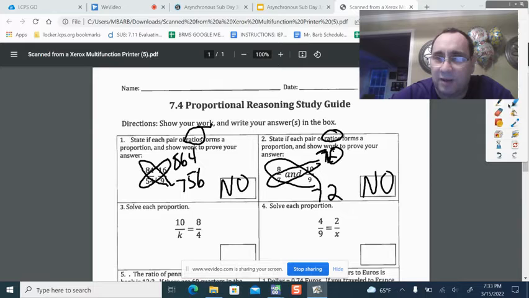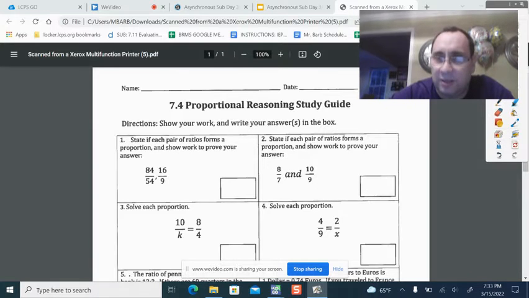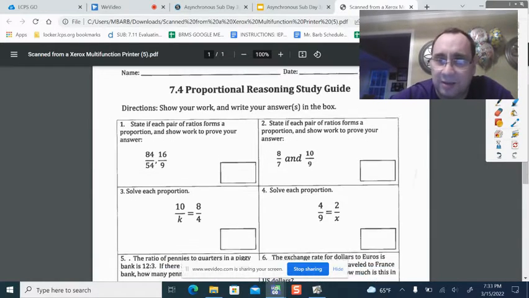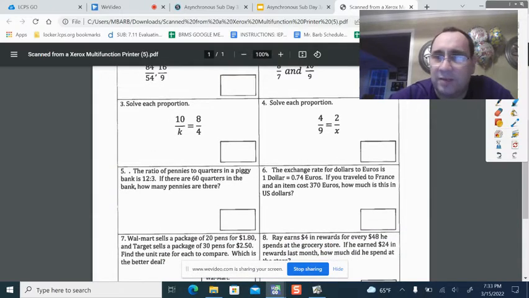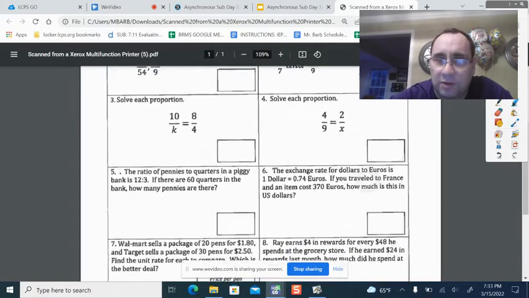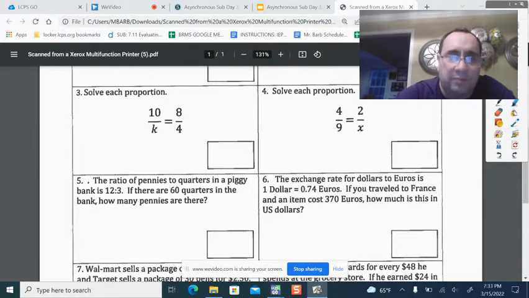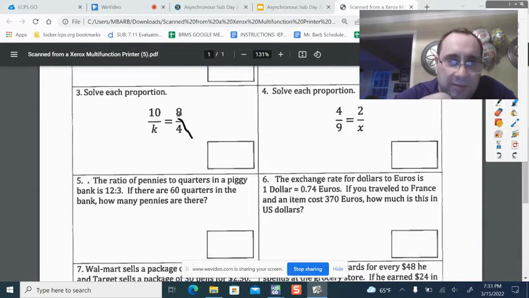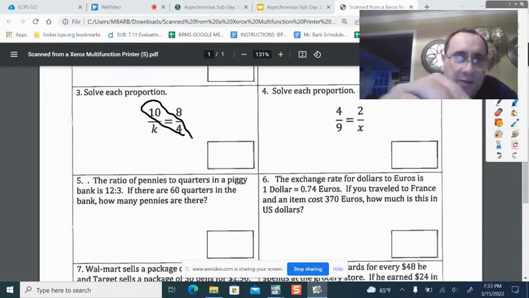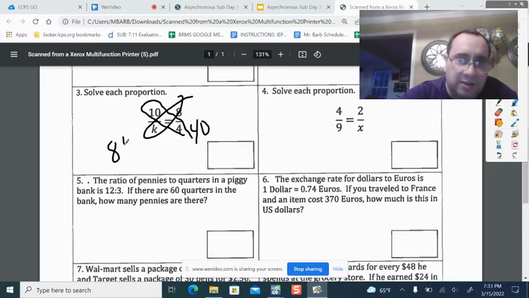Okay. Now we're going to go. I'm going to erase this. You can pause it. I'm going to move the sheet up so you can see it. All right. This one, I'll enlarge it a little bit for you. This one you just cross multiply. 10 times 4 is 40. 8 times k is 8k.